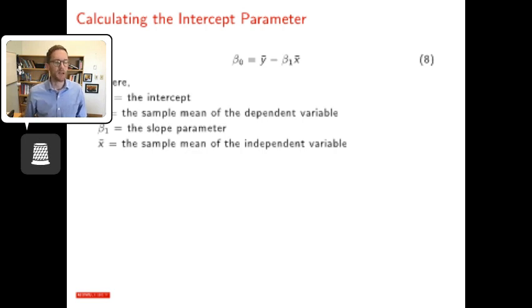So again, Stata is going to do these calculations for us. It's going to give us the intercept parameter and the slope parameter. But these are the conceptual understandings. We're thinking about how x and y covary, and standardizing that over x. And then we need to anchor that line on some intercept. And so I do that by using the means of x and y and that beta 1 that I just calculated.